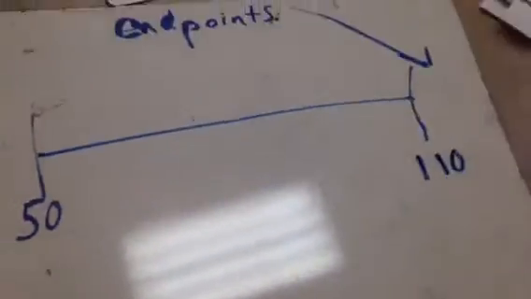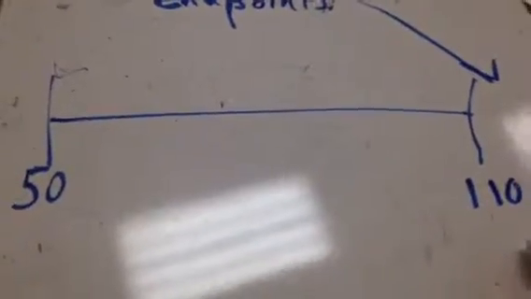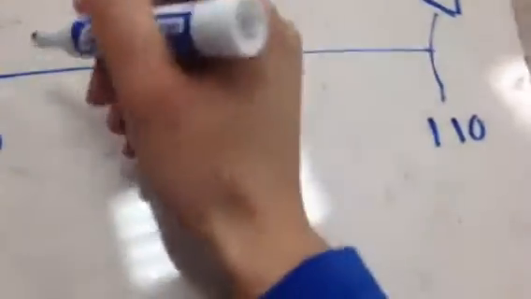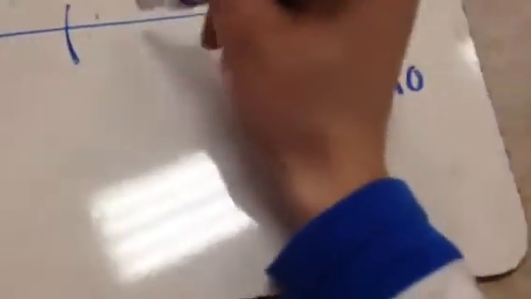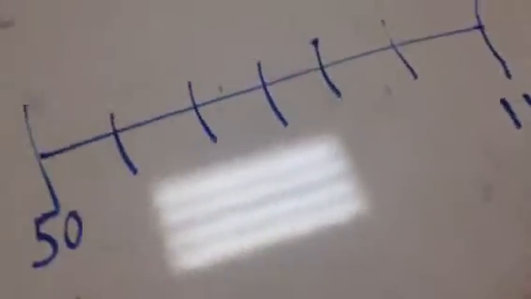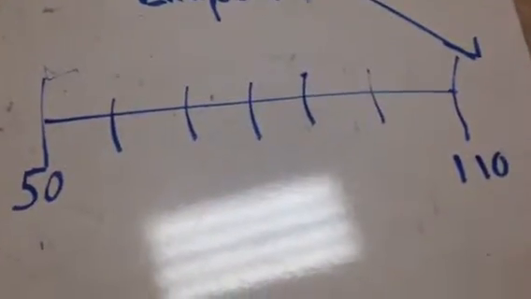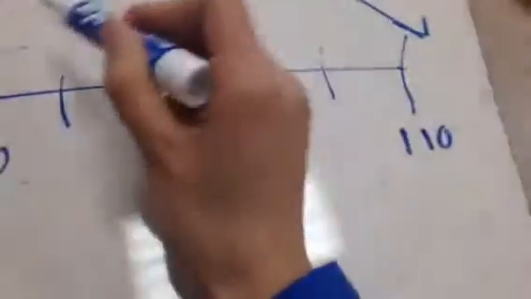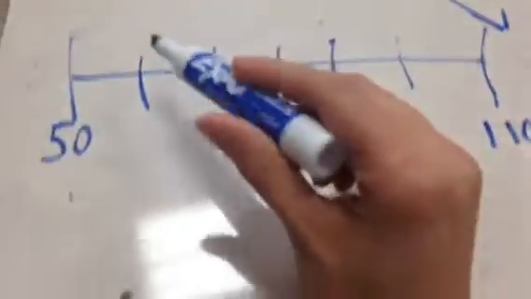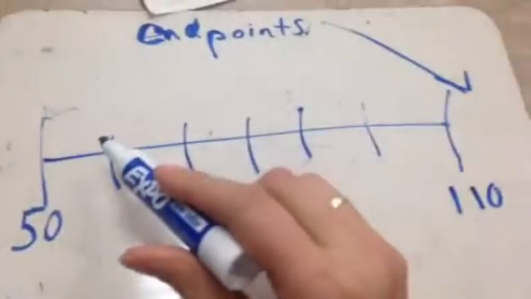And then we have some hash marks on the line. We have one right there, another one right there, another one right there, and right there. Each of those hash marks represents a unit, just like if you were imagining these in centimeters.